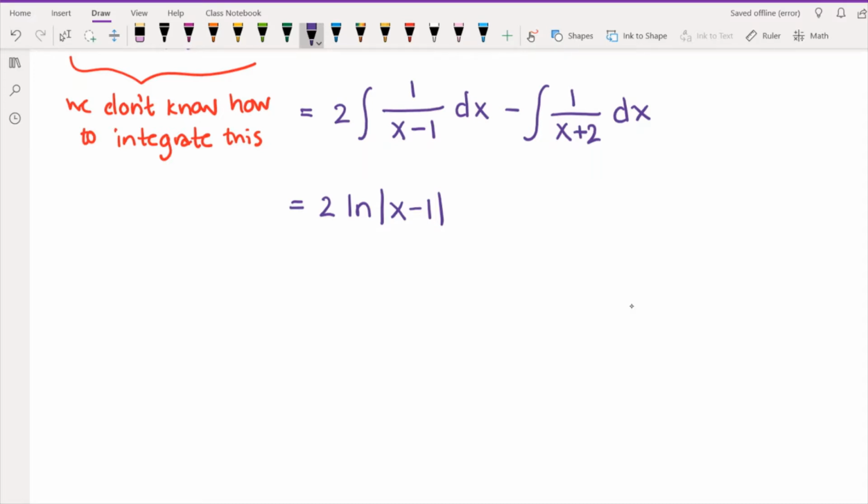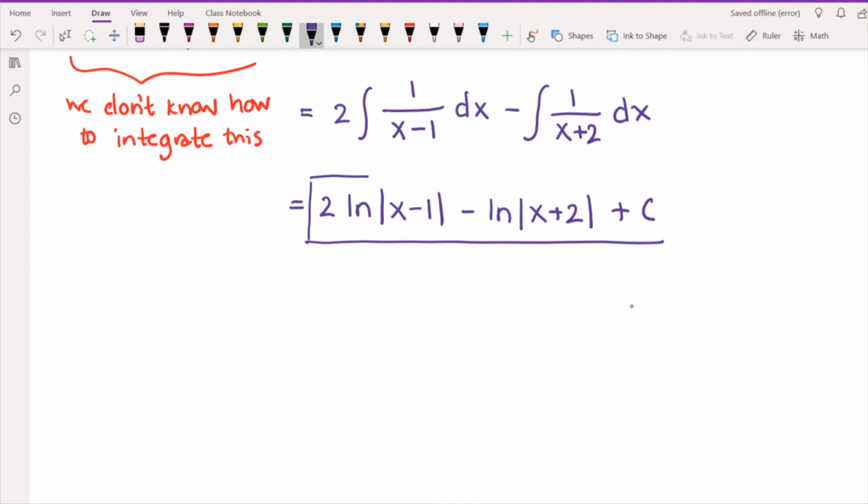But the derivative of x − 1 is just 1. So that's why this antiderivative works the way it does and why you don't have to do a substitution. Similarly here, we have ln of absolute value of x + 2. These are what the answers are going to come out looking like for the most part with the types of problems we're doing today. We'll see a lot of ln.